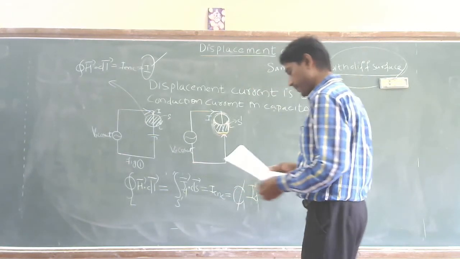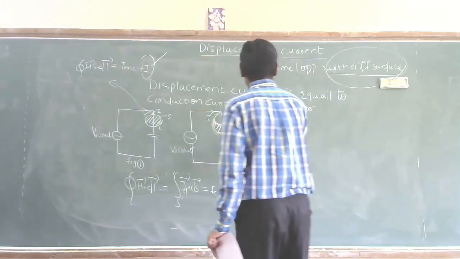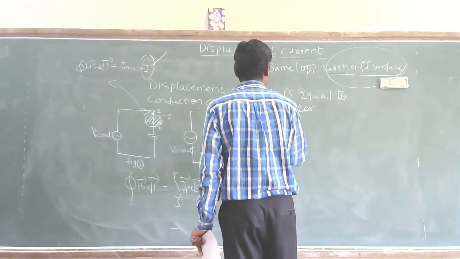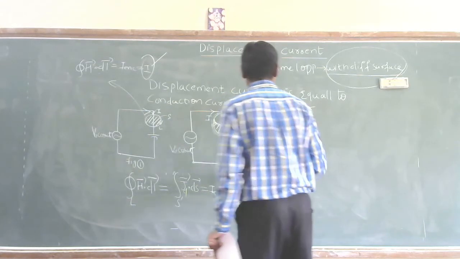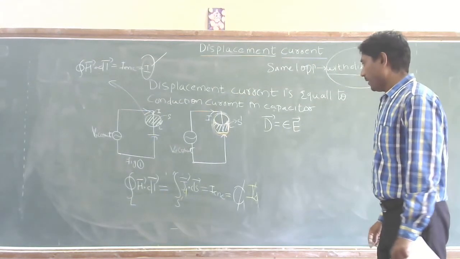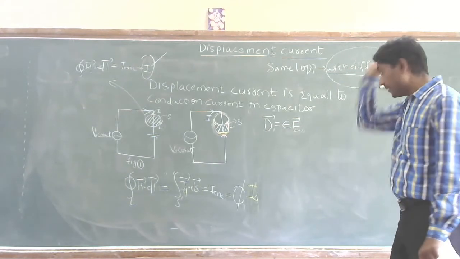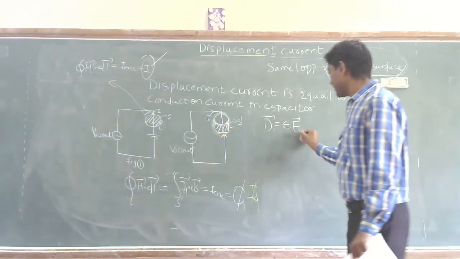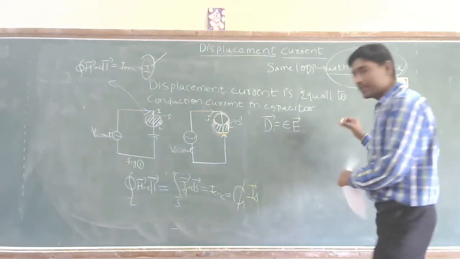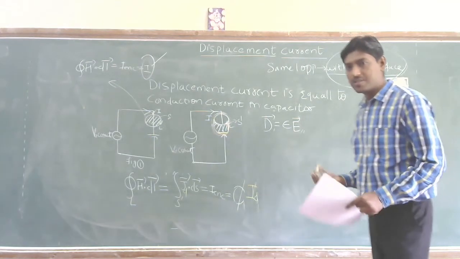Okay. So we know that D is equal to epsilon times E. So this is the D field and this is the E field. We know that the electric field inside a capacitor is really constant.